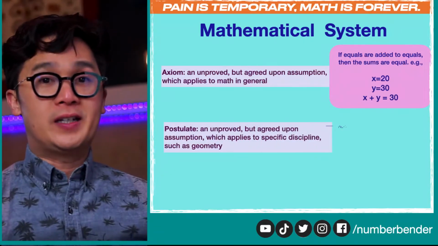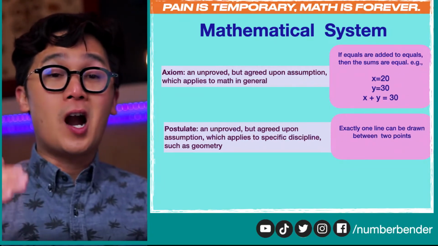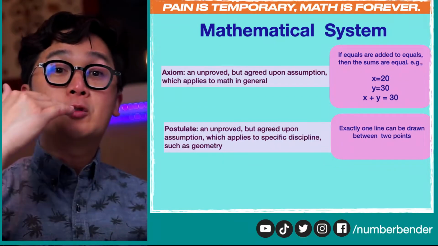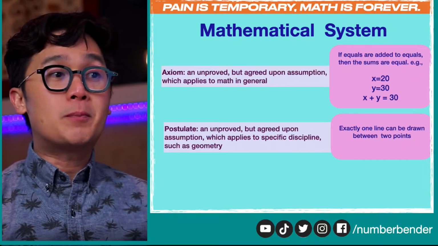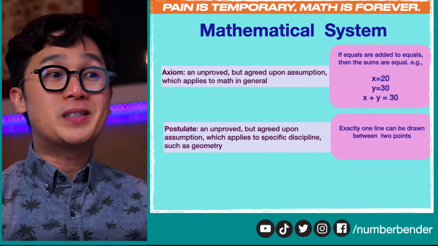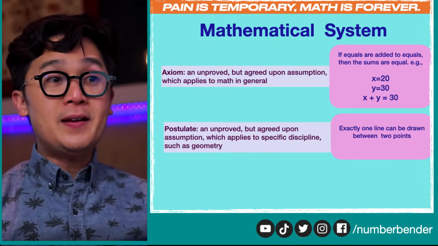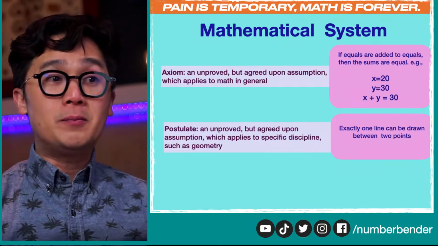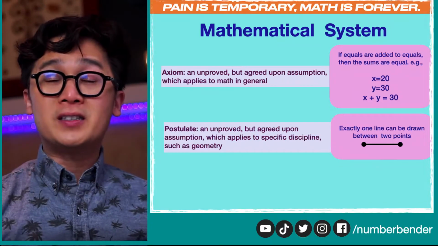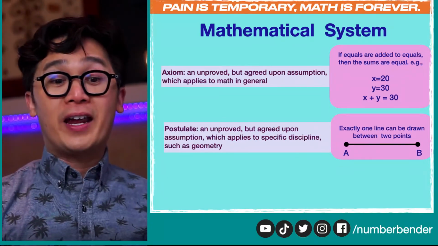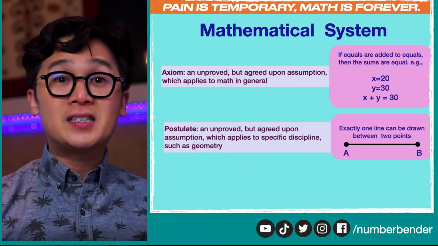Now, what about postulates? A postulate is similar to an axiom, but the only difference is that postulates are more specific to geometric statements. It is an unproved but agreed upon assumption which applies to a specific discipline, in this case geometry. An example of a postulate is that exactly one line can be drawn between 2 points. This is always true in geometry because if we have 2 points and we connect them, we'll have a line. If we have point A and point B, and we connect those points, we have line segment AB.